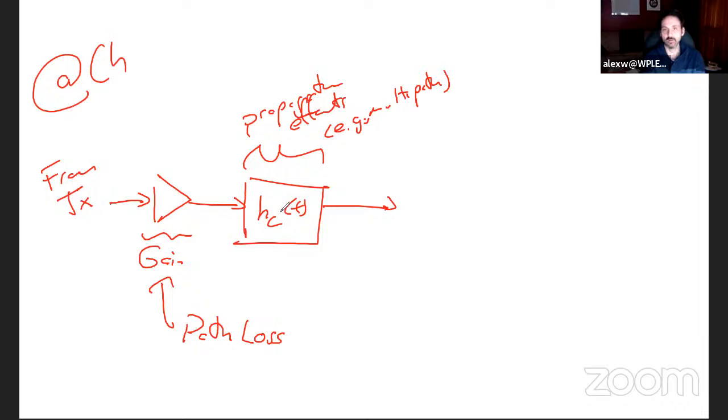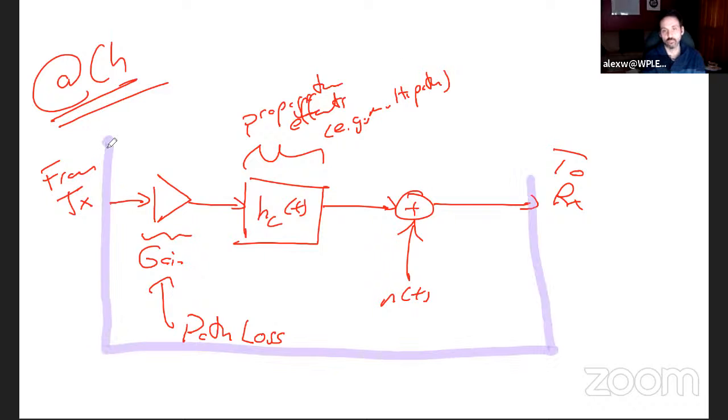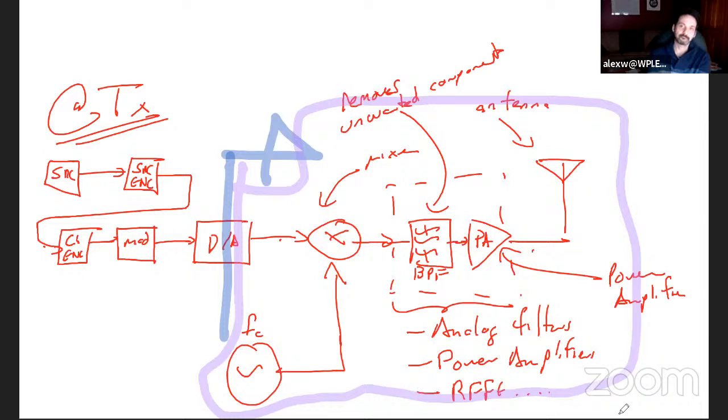It goes through a channel. It gets distorted all over the place. We introduce noise, and it gets received by the receiver, and this is totally in the analog domain. This is really not rehearsed, but what I want to point out is several very critical things.